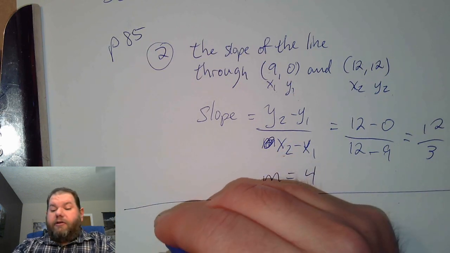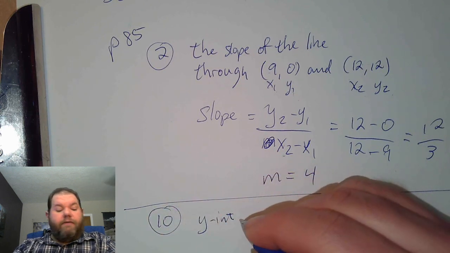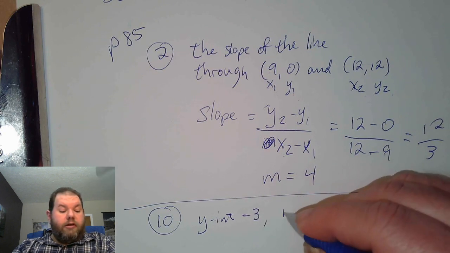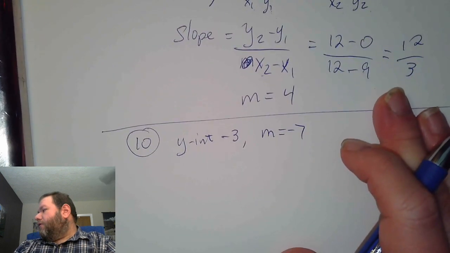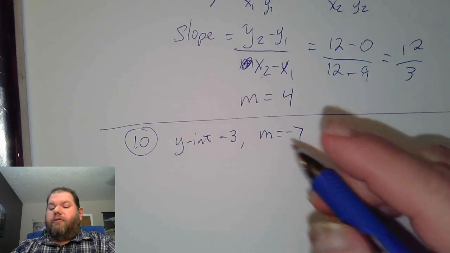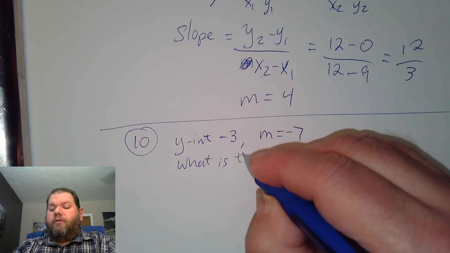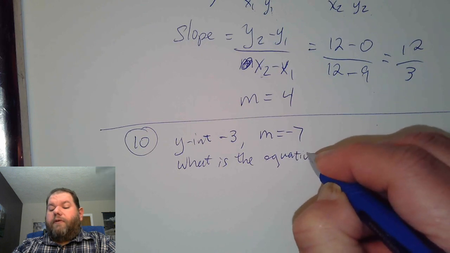Problem 10, we have a y-intercept of -3 and a slope of -7. We want to know what the equation is.